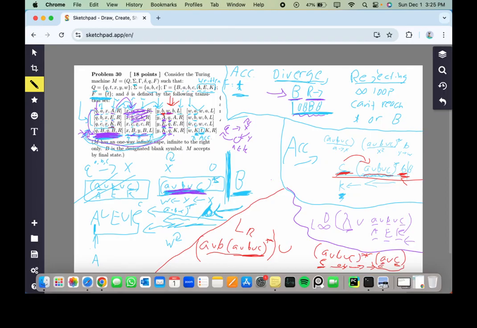It just can't be a B in this position to reject. So with that being said, these are the two cases, and I believe that would cover it all.